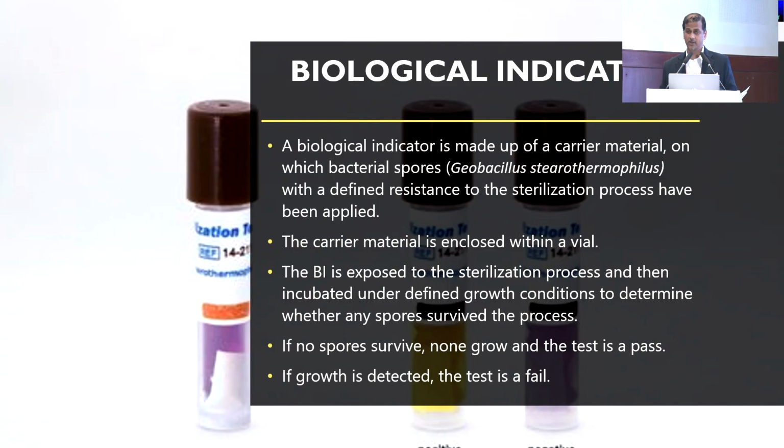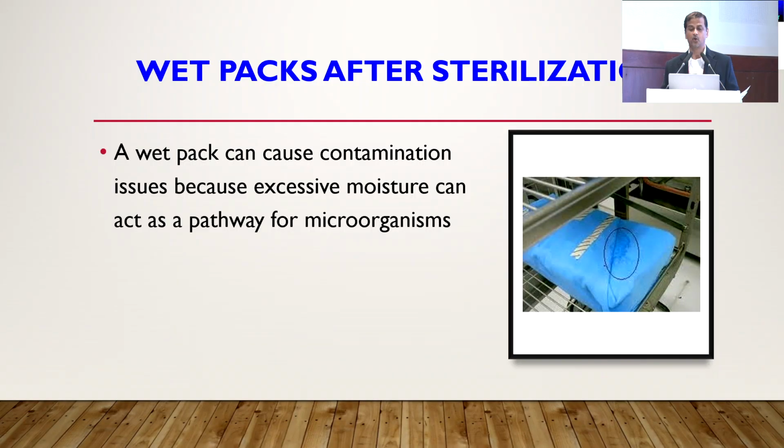But because the biological indicator can be read only after 48 hours, and we have to do our surgery, in this situation the class 5 integrator result normally matches the biological indicator. But even then, in the Indian scenario, it is not practical to have a biological indicator for every load. So normally, the practice we follow in the Indian scenario is that depending upon your volume, you can decide the number of biological indicators you want to use.